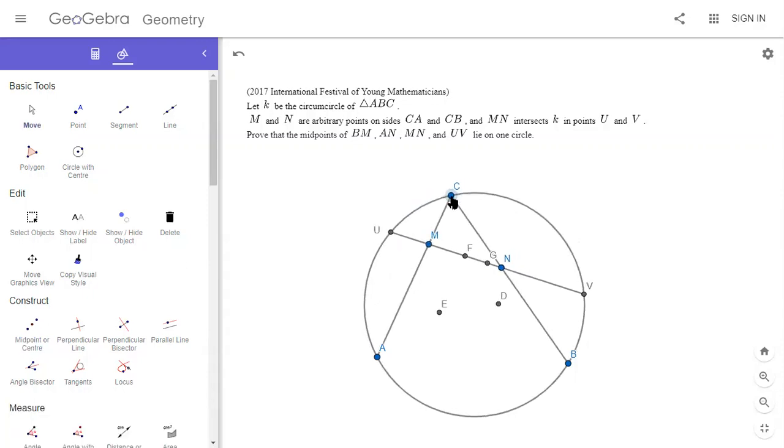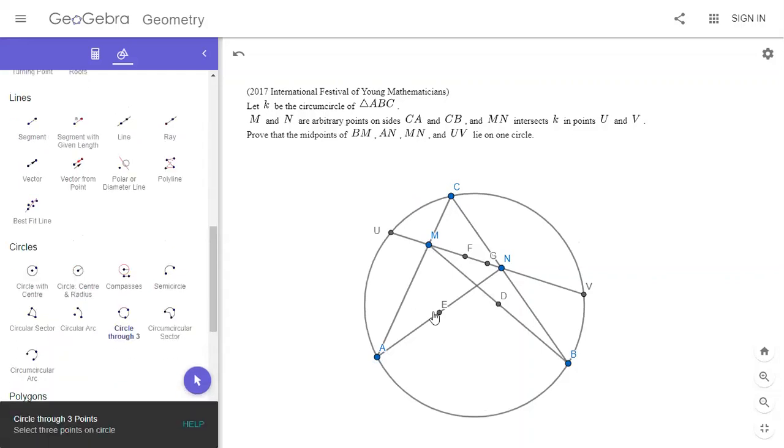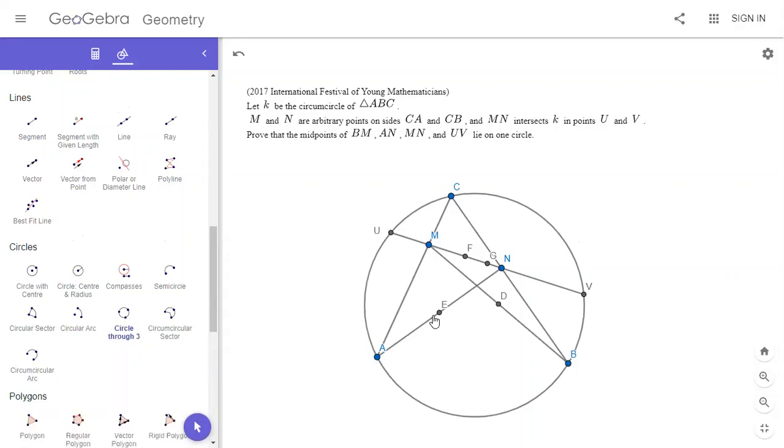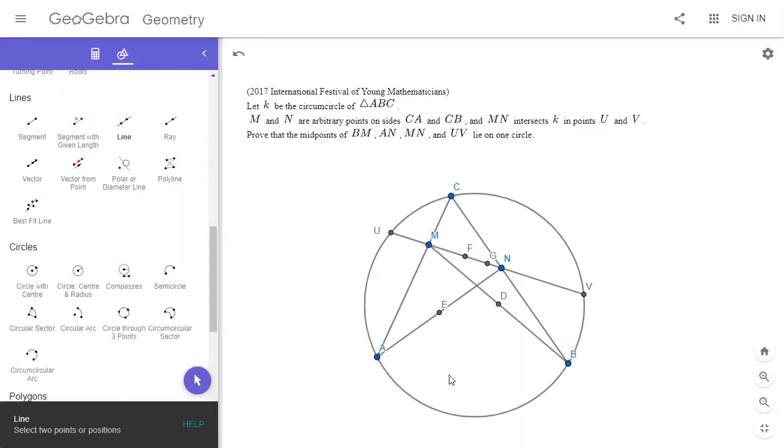I'm going to draw in a little bit more. It feels kind of like the Gauss line a little bit, doesn't it? So we want to show FGED is cyclic. So if we let, I'm just going to draw a Gauss line just for the heck of it.